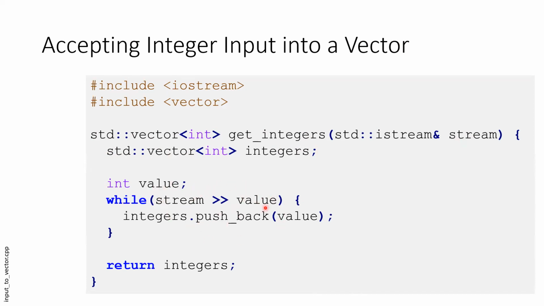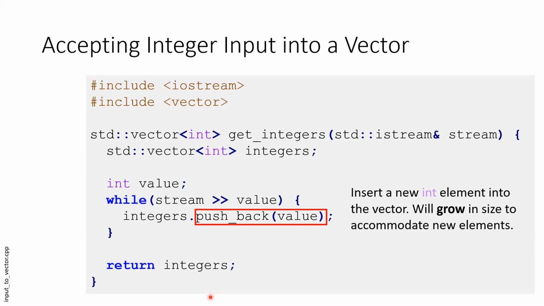In this case, it will continue until it reaches a different value or an error. But in this case, I will just use while stream inputs to value and push_back value into integers. Then at the end, return integers. The push_back is just pushing the integer element into the vector, and the vector will grow.